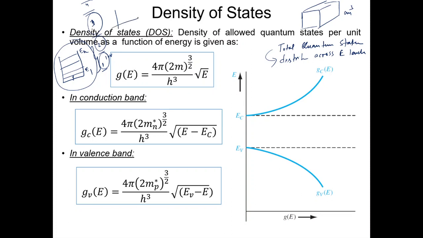So if I plot energy 1, 2, 3, 4, I get 1, at 2 I get 2, 3, 4. So it gives me some kind of a linear energy versus density of states relation.